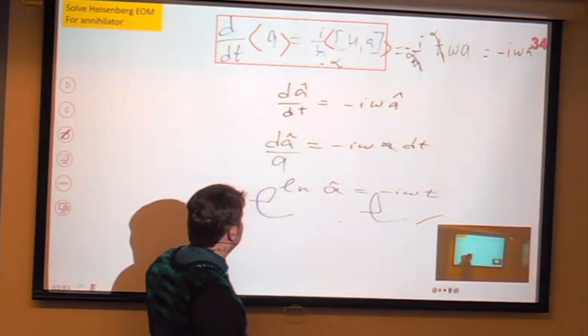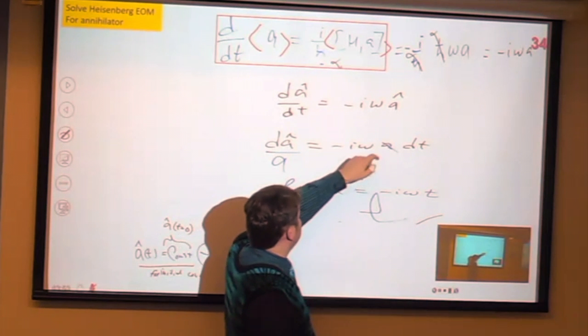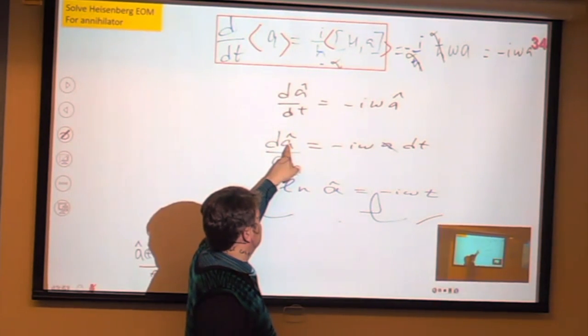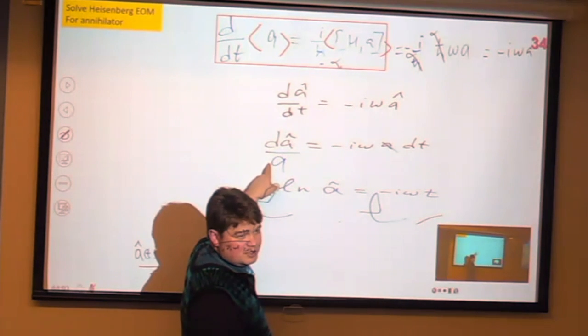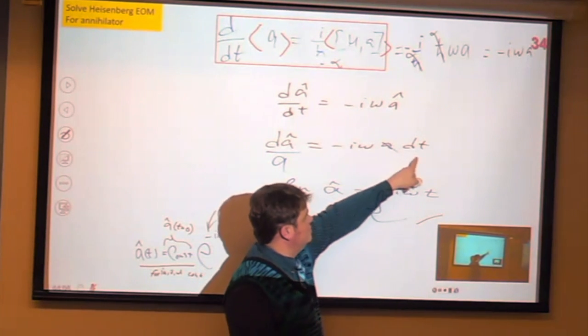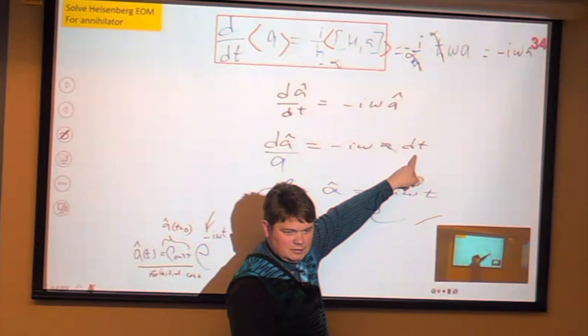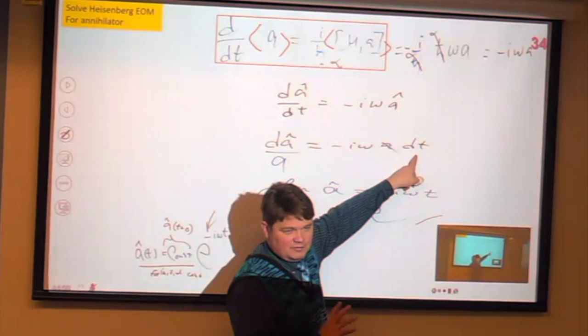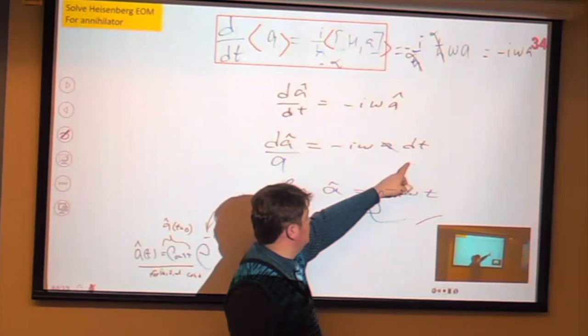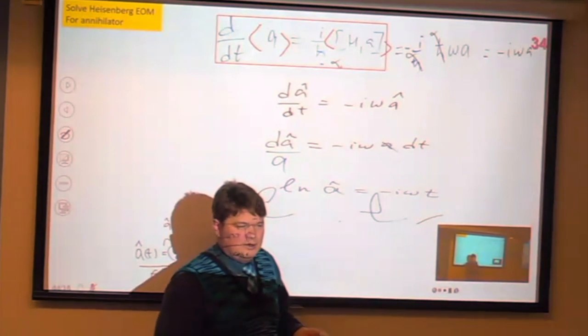So if you divide everything by a, you have the differential of the unknown over the unknown, which upon integration will give a logarithm. And here you have just the integral of a constant, which will linearly grow, right? Well, the constant is imaginary, but who cares?